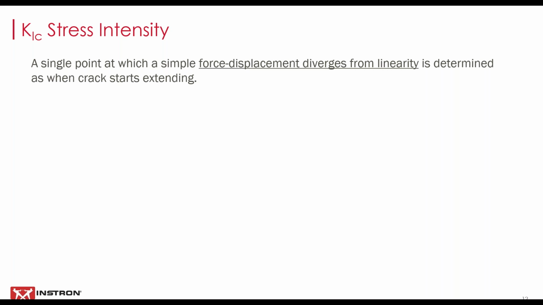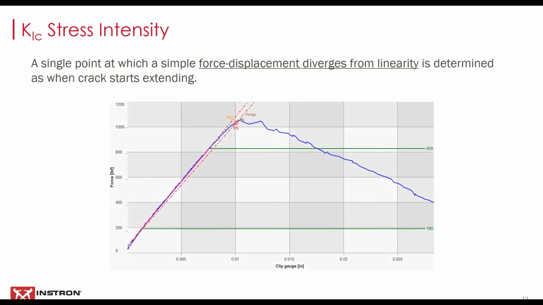So the point at which it's not acting like a perfect spring anymore. And you look at some test data like this, you fit the straight line portion of the curve, and then you look for a certain offset from that, which is basically a way of repeatably deciding when your data is no longer linear, when it started to break.